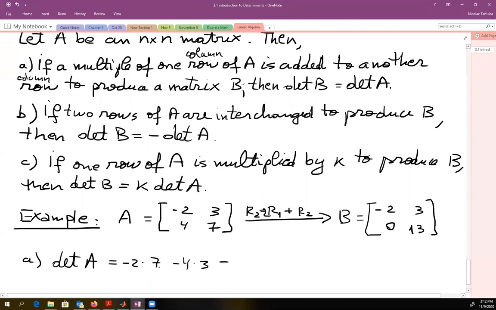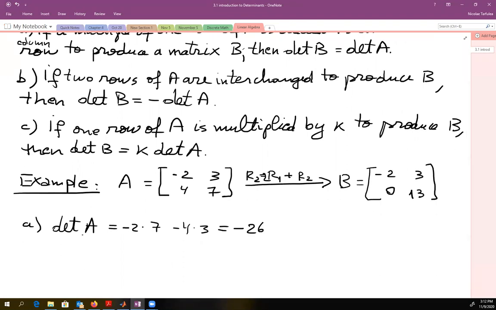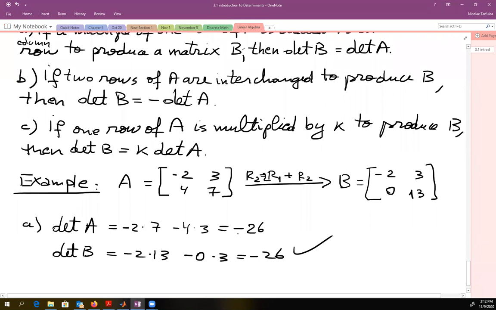So negative 14 minus 12 is negative 26. Now let's compute the determinant of B. This is negative 2 times 13 minus 0 times 3. Again, negative 26. You don't change the determinant by doing that, right?